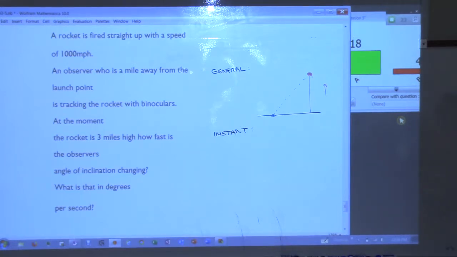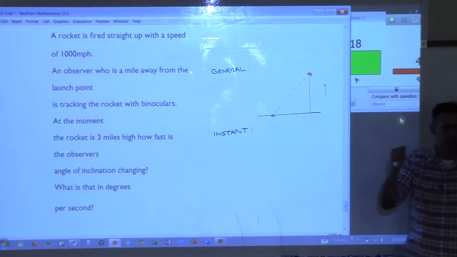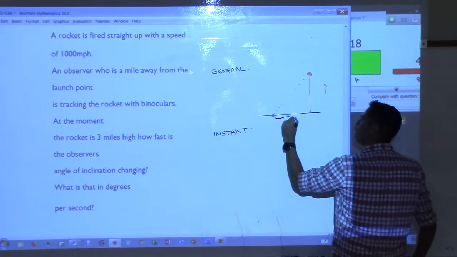Is there anything on that picture that I can fix that's never going to change throughout the problem? The base. The observer is a mile away from the launch point. That's not changing, right?